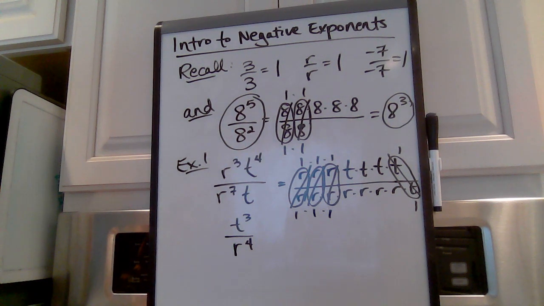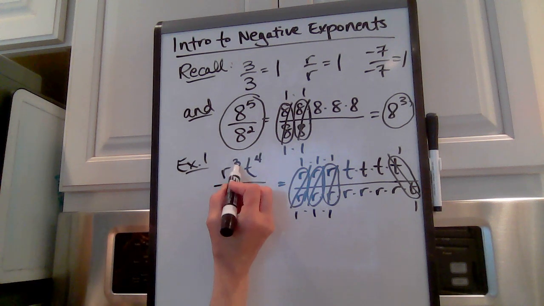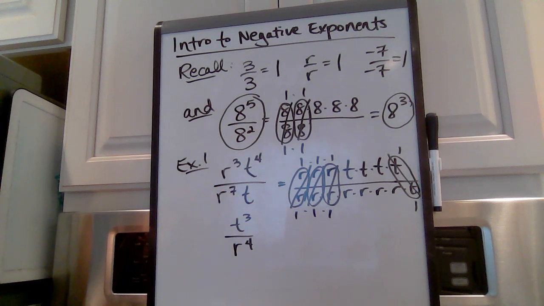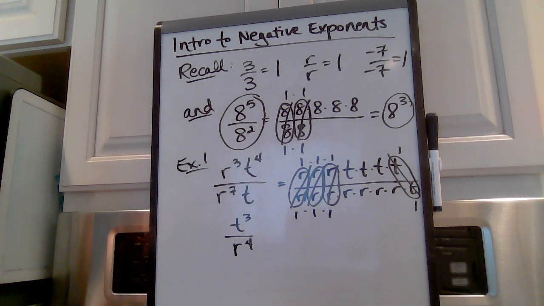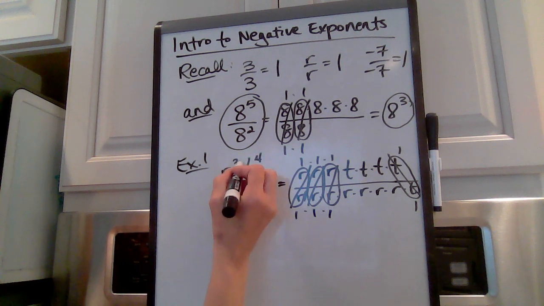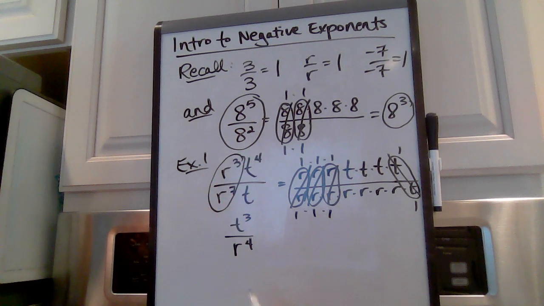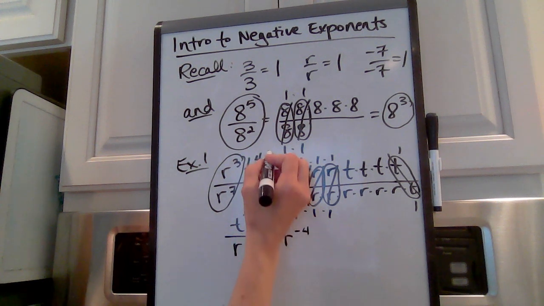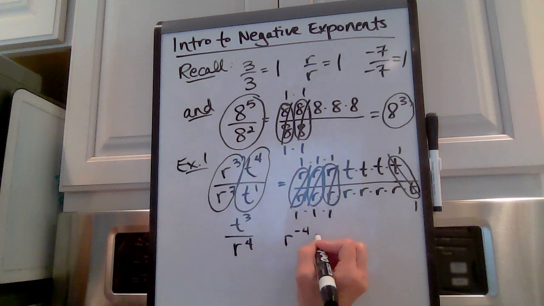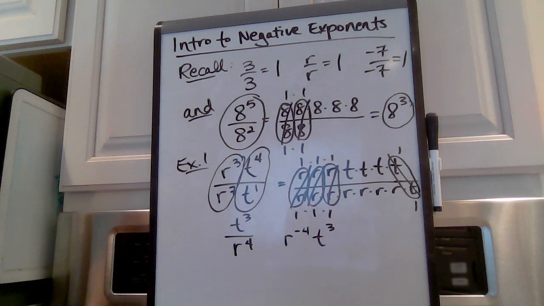But if you look at the exponents and you think about that shortcut where we're subtracting, and if you were to subtract top minus the bottom, what we'd end up with here is 3 minus 7. And 3 minus 7 is not 4. 3 minus 7 is negative 4. So the other answer that we could get if we use our shortcut is r to the negative 4, and right here, t to the third power.